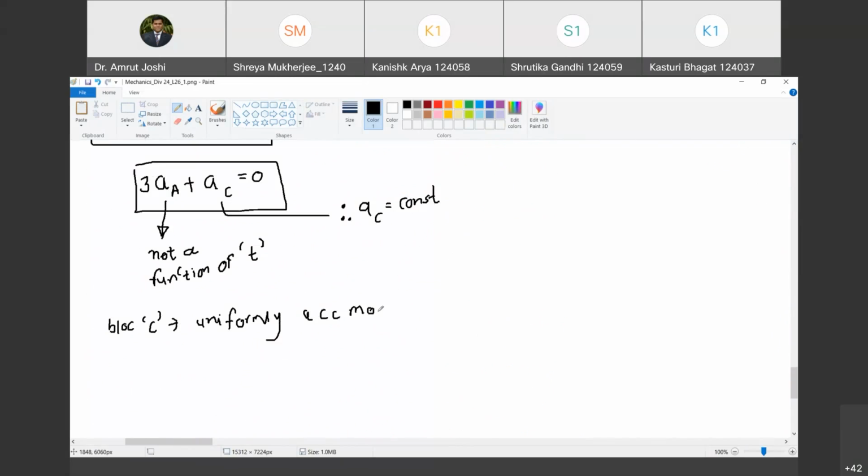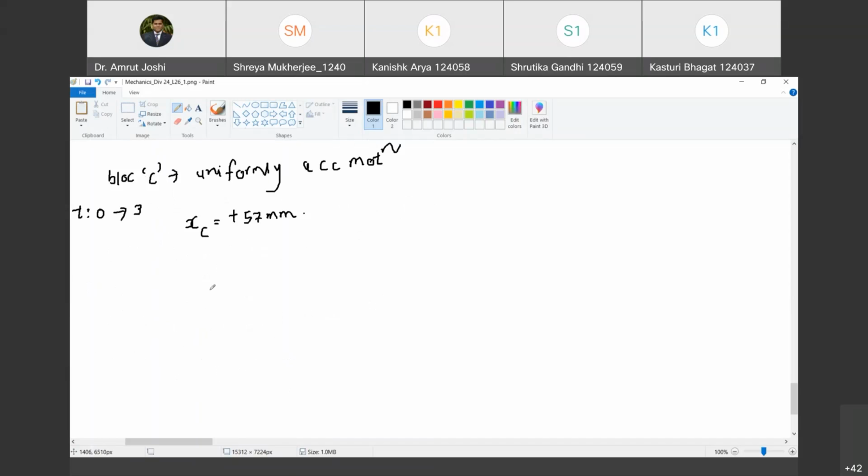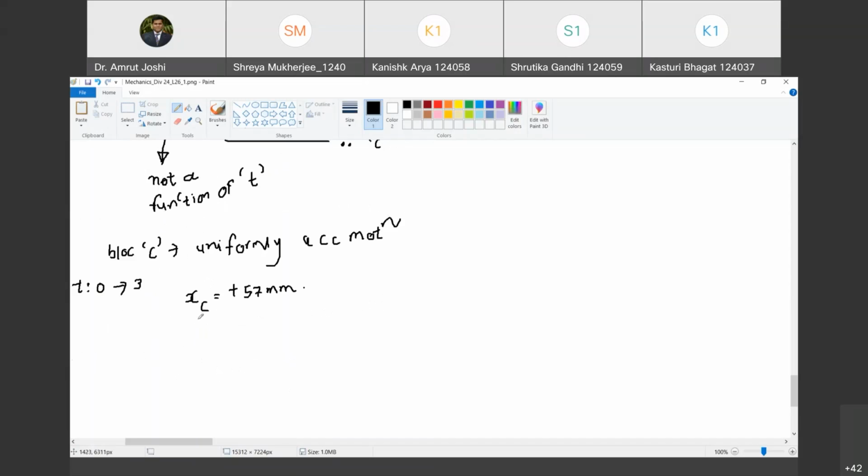Happy? Yes, sir. This uniformly accelerated motion from time t equal to 0 to 3 seconds has resulted in XC being equal to plus 57 mm. Do you agree with me? Yes, sir. Plus 57 mm. Now, if that is so, what is the relationship between X, A and T for uniformly accelerated motion?